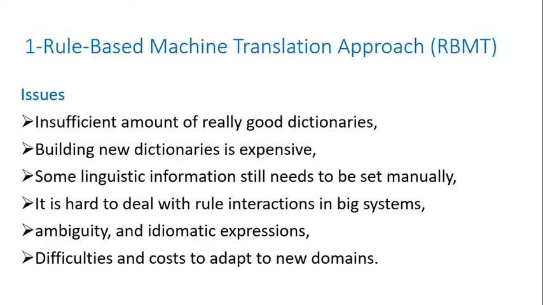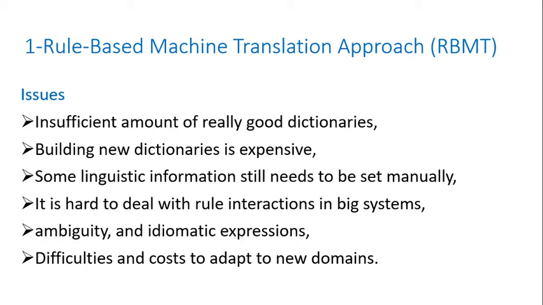The main issues related to the rule-based machine translation approach: first, the insufficient amount of really good dictionaries. Rule-based machine translation basically relies heavily on electronic dictionaries, so this is an issue. The second issue is that building new dictionaries is expensive. The cost aspect is very, very important.